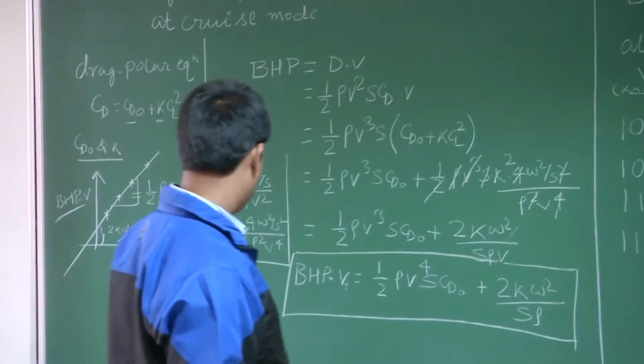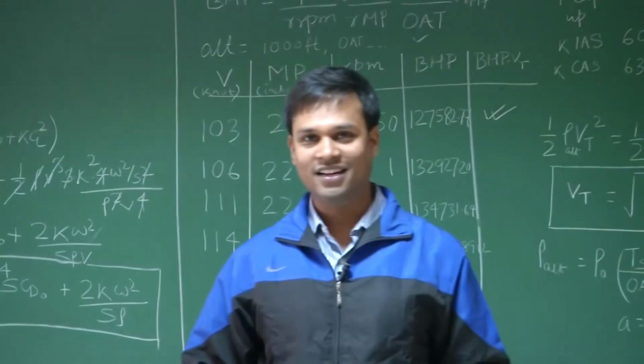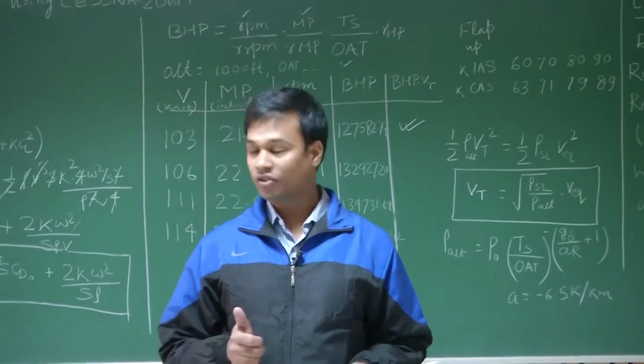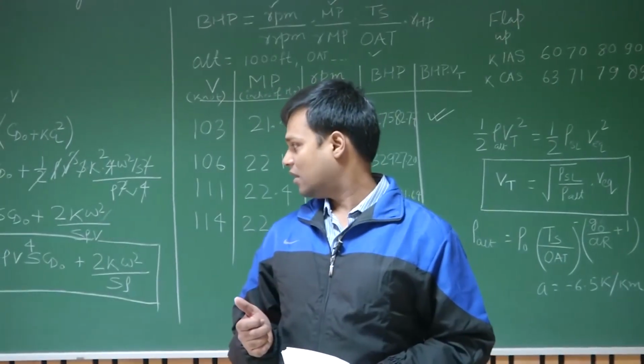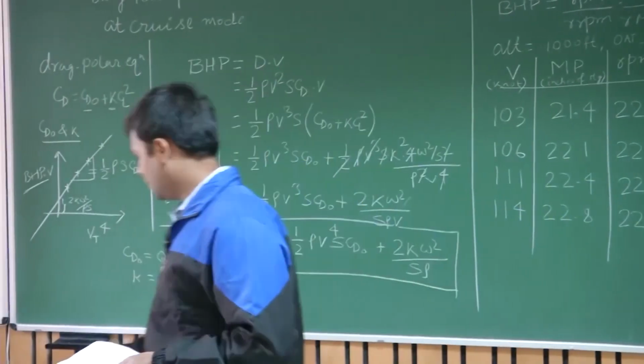Now, for the numbers you got, CD naught and K, how will you know that these are accurate, or what is the confidence interval for those numbers? How will you judge them?